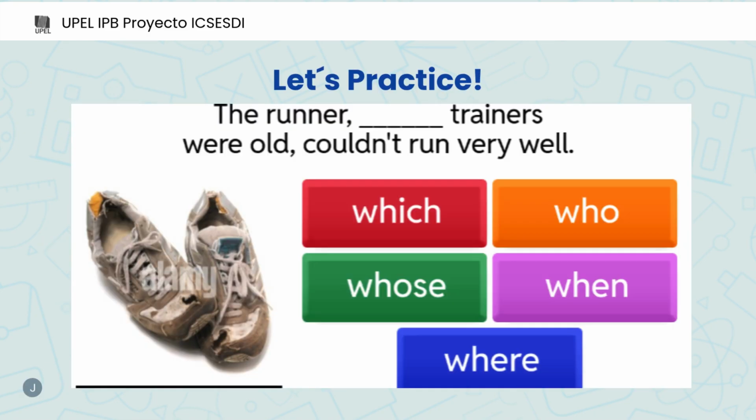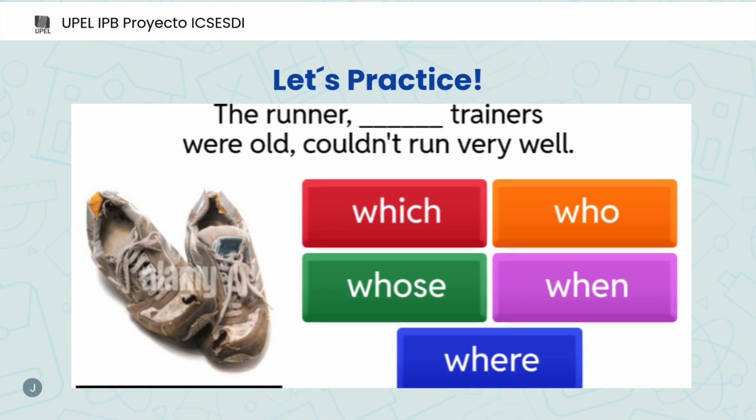Now it's your turn. The runner, blank, trainers were old, couldn't run very well. What's the right answer? Which, who, whose, when, or where? You have to fill the blank space, placing the necessary word. Okay, very good. The right option is whose.